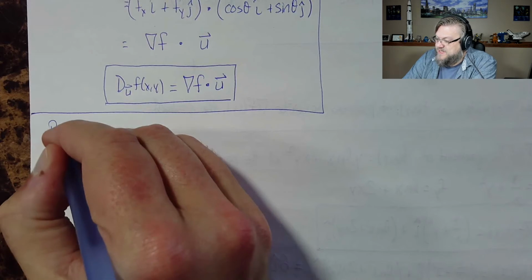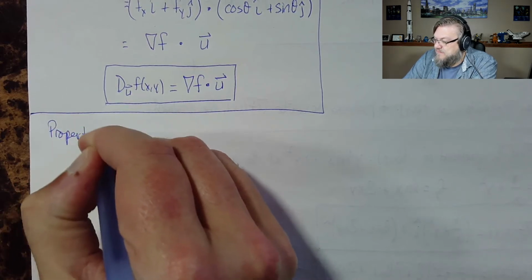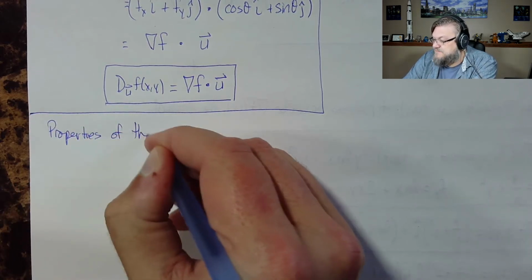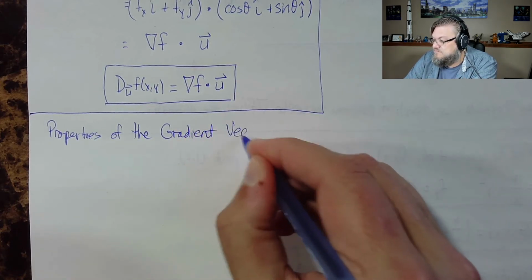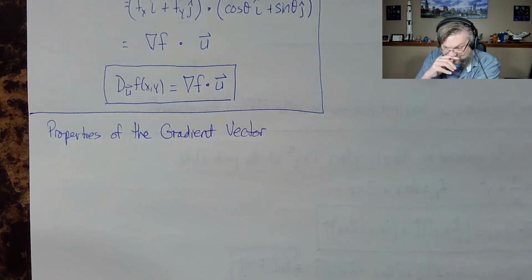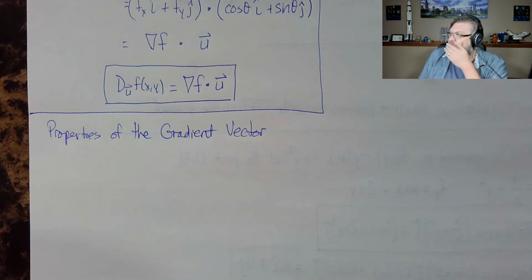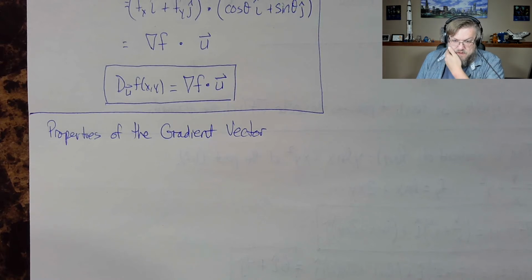So we're going to say properties of the gradient vector. Okay? Remember in Calc 1, if I told you that the derivative was 0 at a location, that did mean that the slope of the tangent line, the slope at that point, was 0.